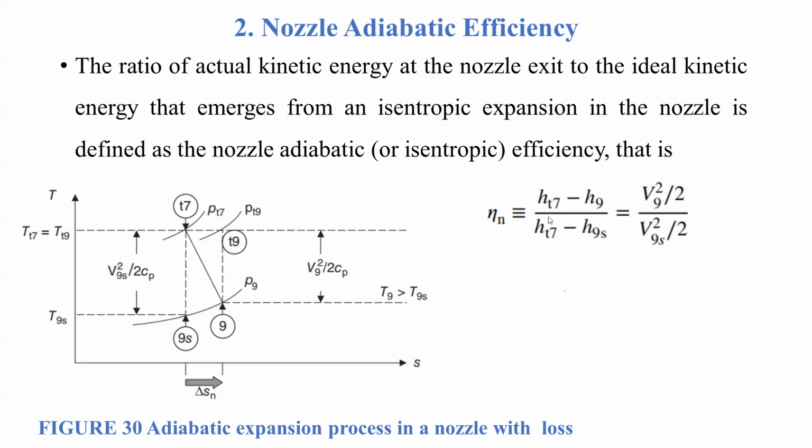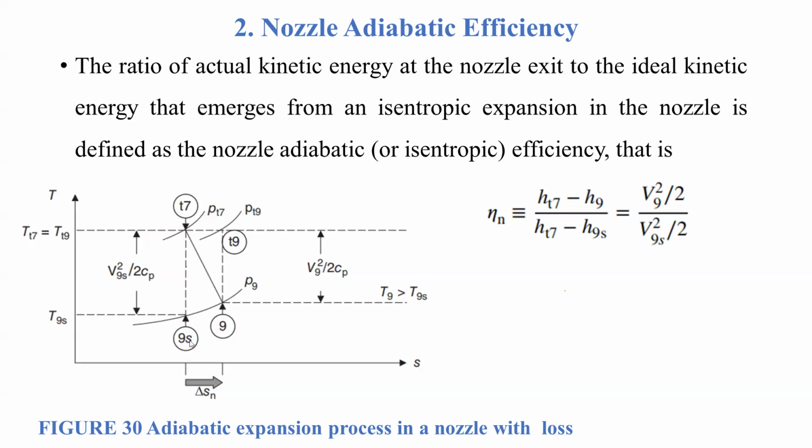So here we relate it with the enthalpy, the total enthalpy at point 7 in our previous representation of the aircraft engine sections. So total enthalpy at 7 minus total enthalpy at 9, over total enthalpy at 7 minus total enthalpy at 9s.